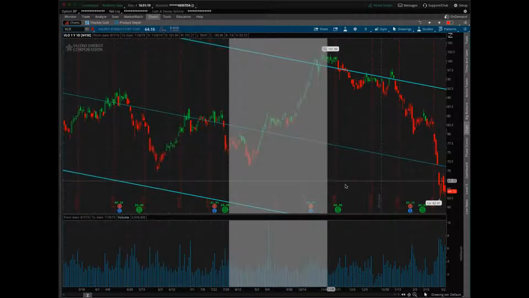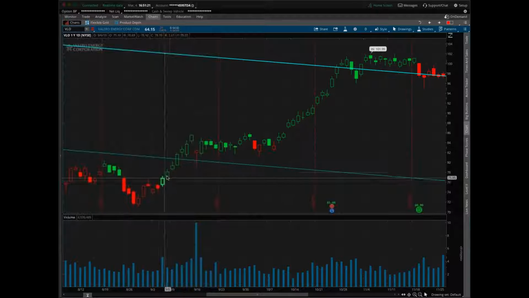Now, another thing. These open candles are green days. Those are bullish days, meaning the market opened at a price and it closed at a higher price.